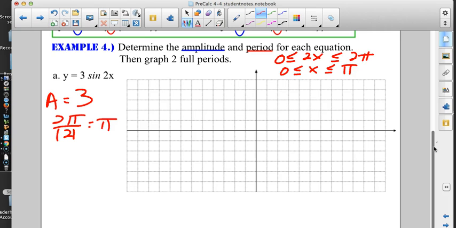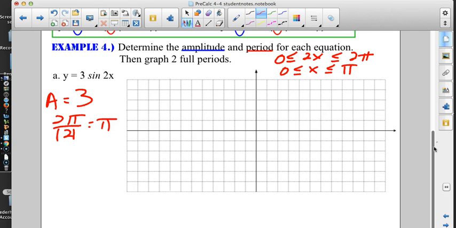Because from 0 to pi, how are we going to break that? What do we do for the increments? Where are we looking for our increments if we're going from 0 to pi? How many pieces do we break it into, everybody? 4.